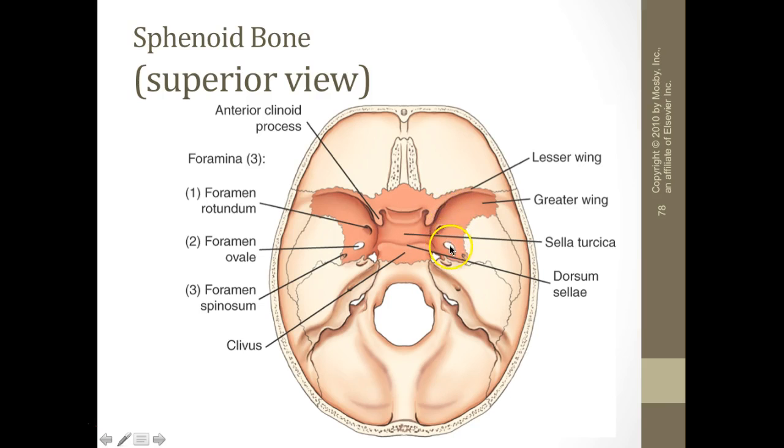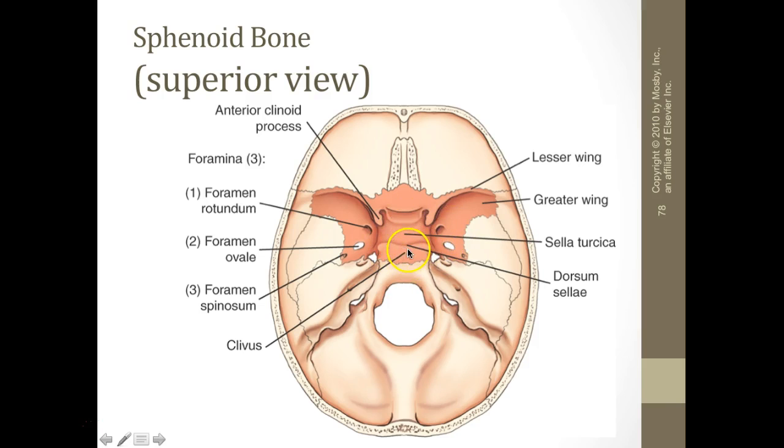So within the greater wing, you have the foramen ovale here, and you have the foramen spinosum. So ovale, spinosum. Up under the lesser wing, you really can't see these when you're scanning a patient. This is your foramen rotundum. It's kind of tucked up under. So they moved them down so that you can see them. So here's your Sella Turcica.